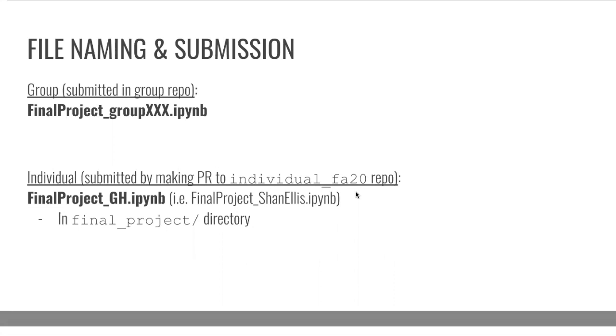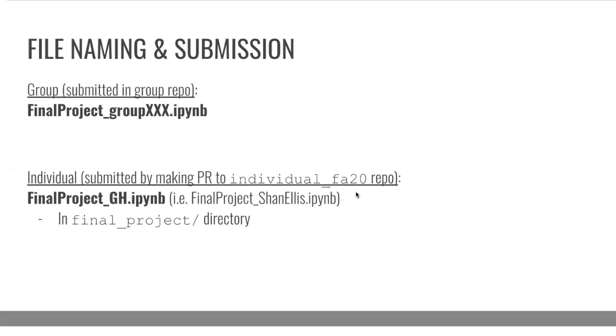For individual projects, the process is the same as for the proposal. You will submit a PR to the individual_FA20 repo. Please submit the PR to the correct repository. Your final project should have the file name Final_Project, again, capital F, capital P, underscore, and then your GitHub username should follow the underscore. And again, this should be a Jupyter notebook.